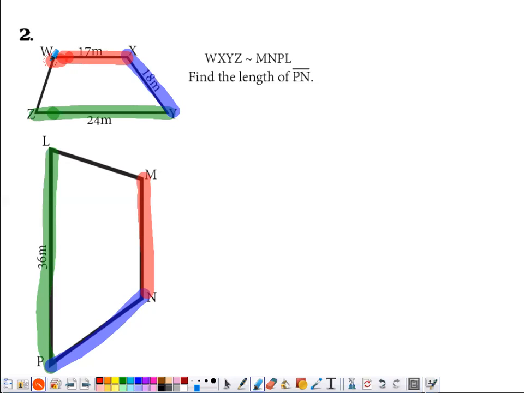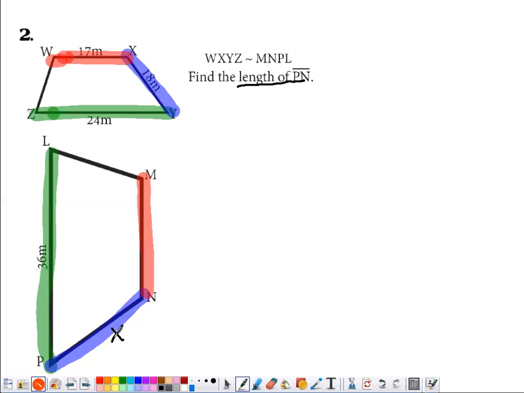So they want us to find the length of PN, which is down here. So I'm gonna put an X there, because whenever I set up my proportion, what am I going to plug in for PN? X, because I don't know it.